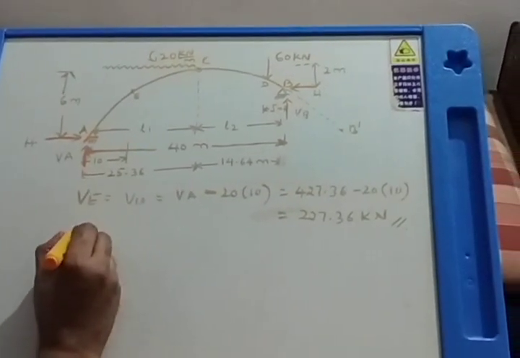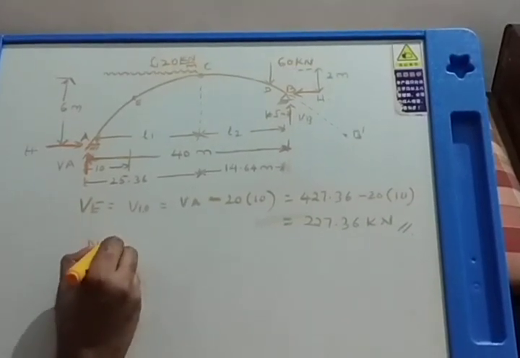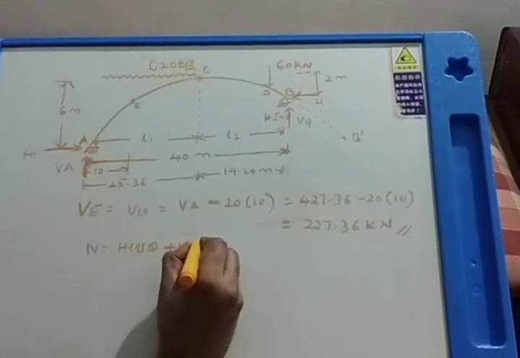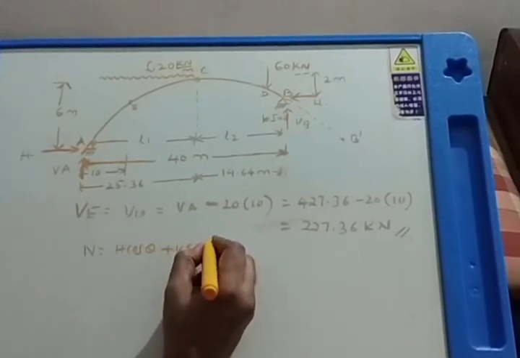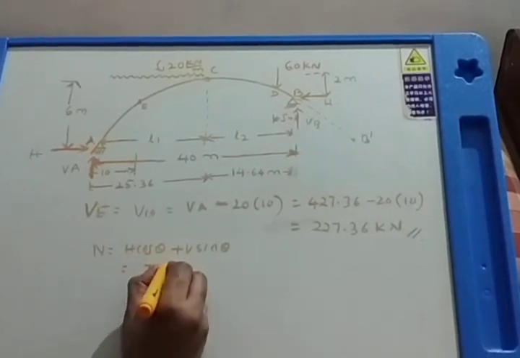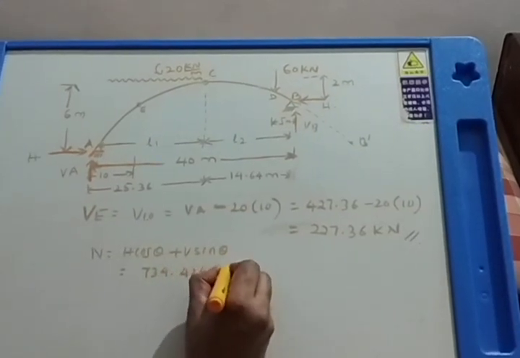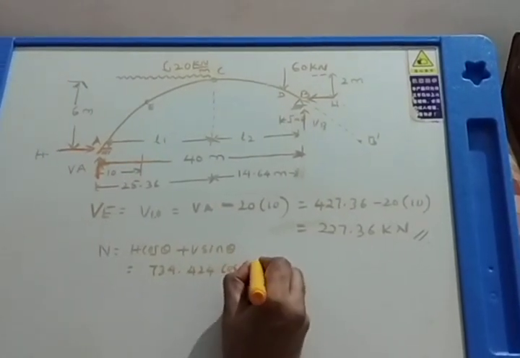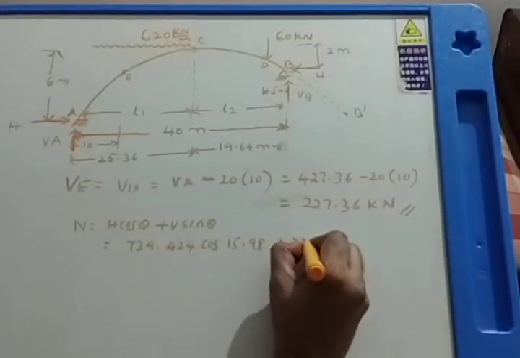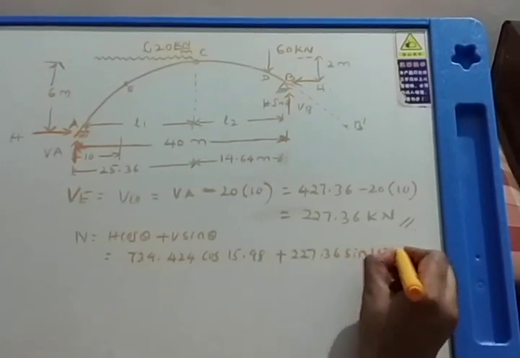So this will be the value of V, or VE, or V10 that you are going to substitute. So now you have the expression for normal thrust. N is equal to H cos theta plus V sin theta. So if you substitute that, you are going to get H cos theta, 734.424 cos of 15.98, plus V, 227.36 sin of 15.98.